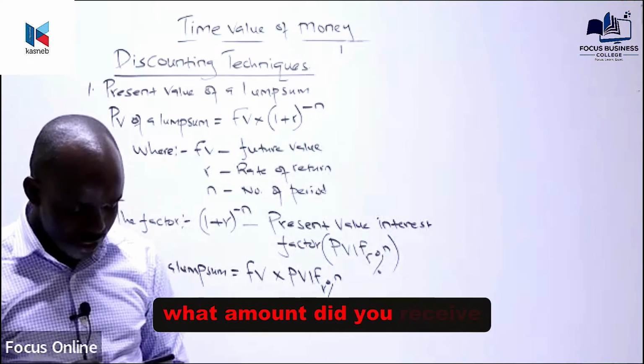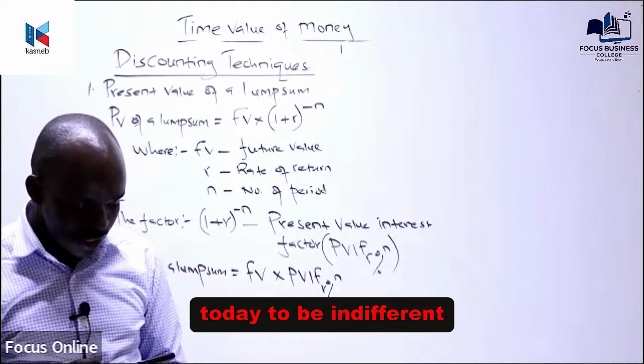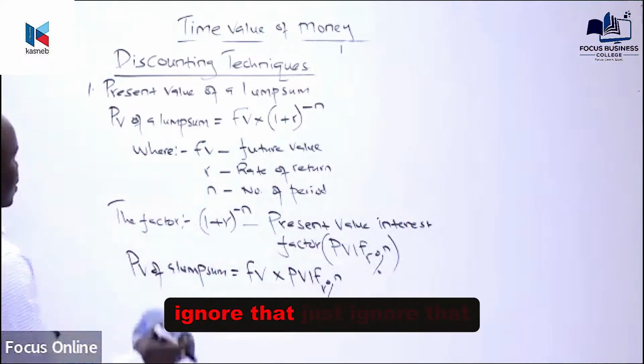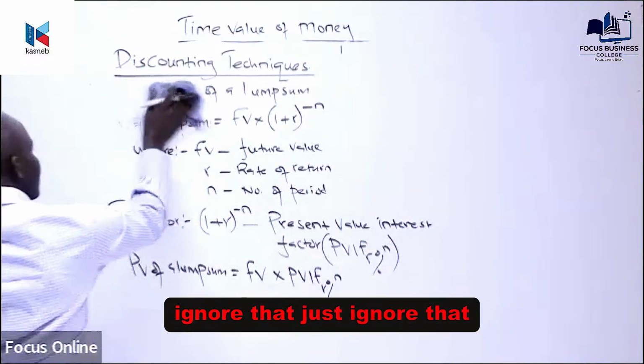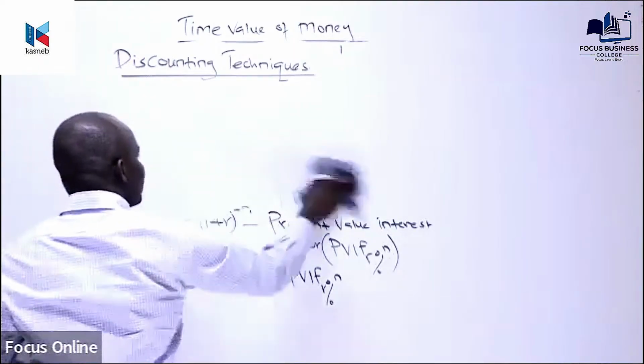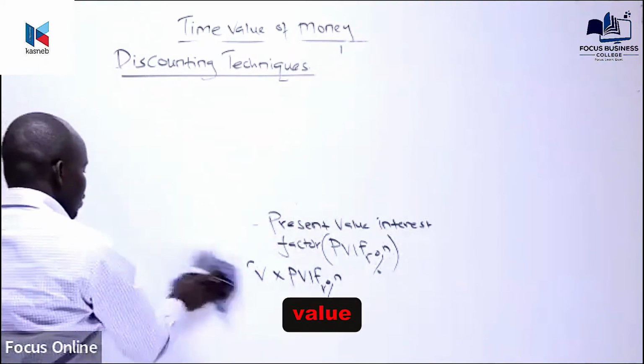What amount would you receive today to be indifferent using present value? So here we have been given the future value.